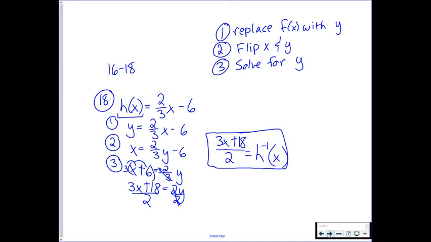So that's how you find the inverse of any function using these 3 steps. If you struggled with these questions, this comes from section 3.1a, where we talked about finding the inverse of functions. On questions 19 through 20, there are multiple parts to these. First, we're going to find the minimum or maximum value.